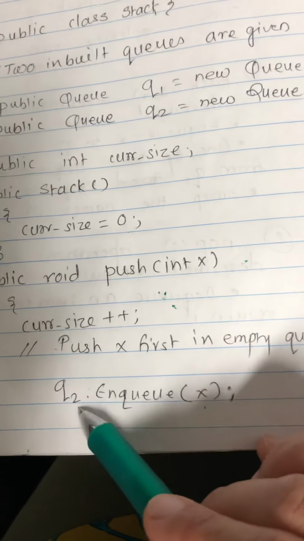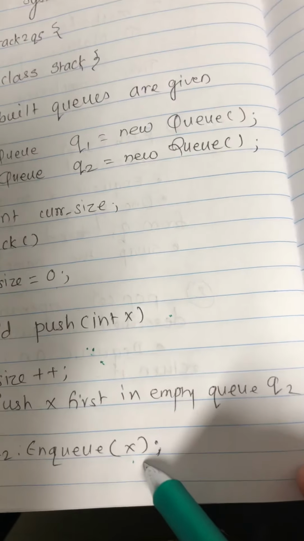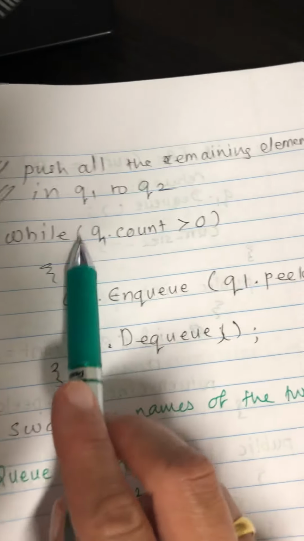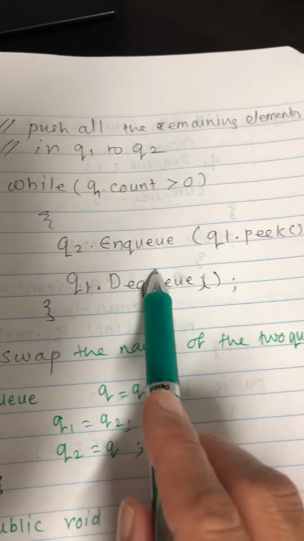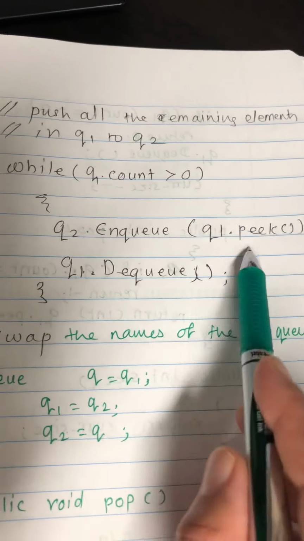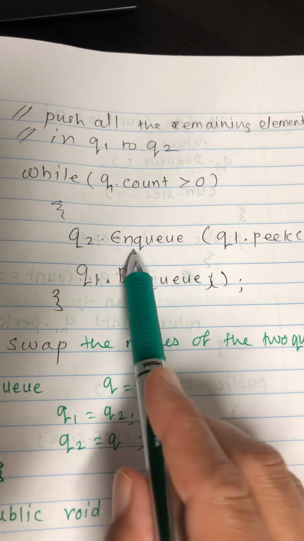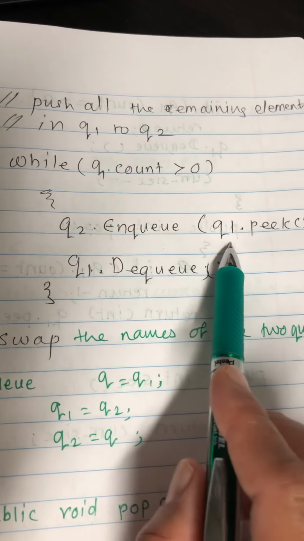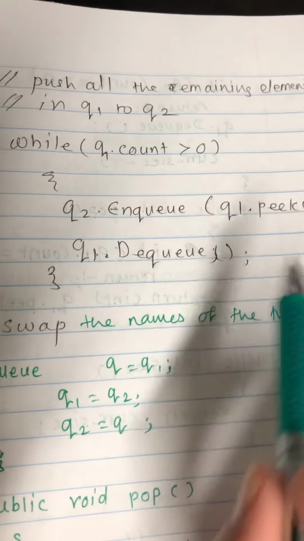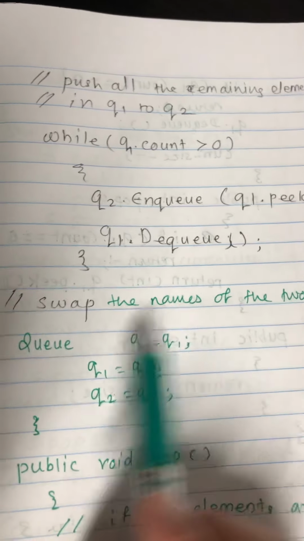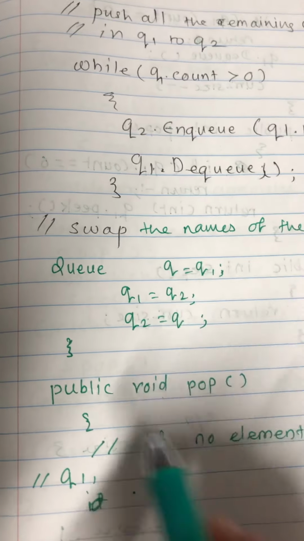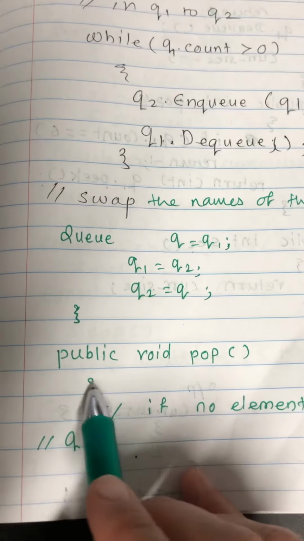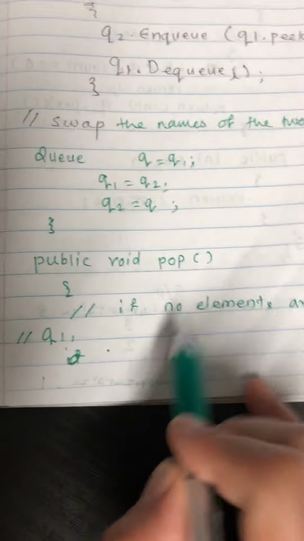So in the second queue we add the element which needs to be added to the stack, and then while q1.count is not zero, we dequeue from q1 and enqueue those to q2, or in simple terms copy all the elements from q1 to q2, and then we swap the names of the queues using this. We use this queue as a temporary variable.